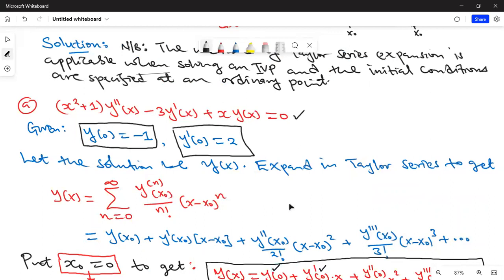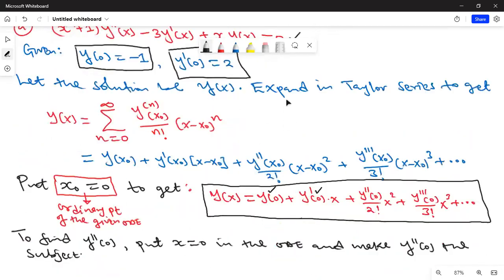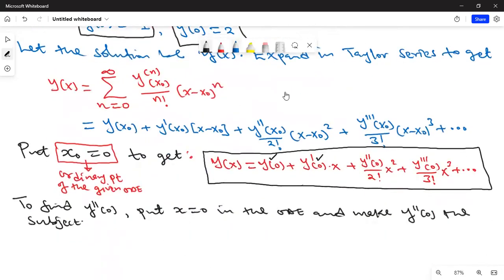We'll have 0 squared plus 1 times y double prime of 0, and then minus 3 times y prime of 0, plus 0 times y of 0, is equal to 0.